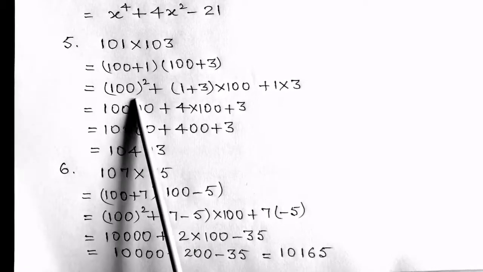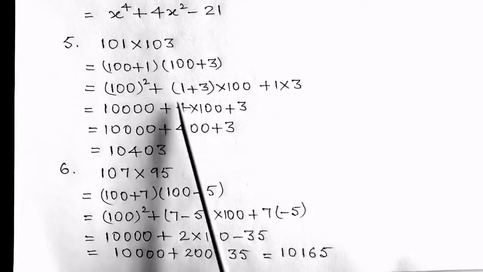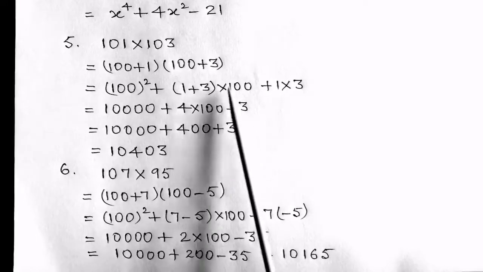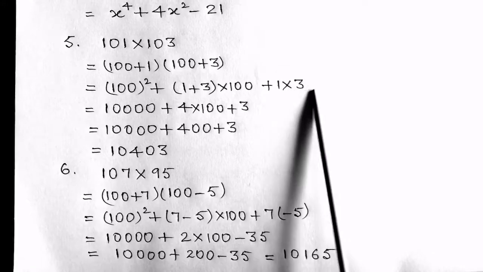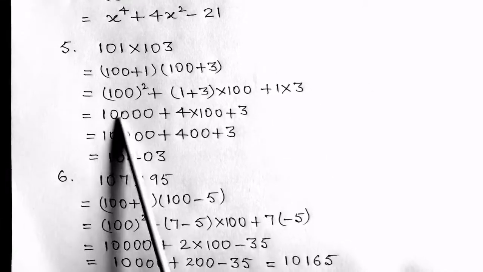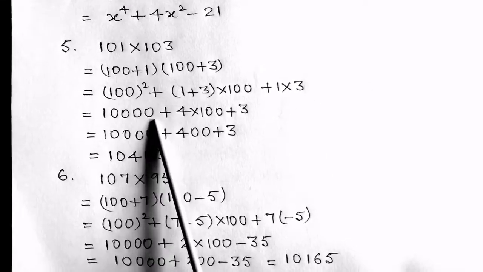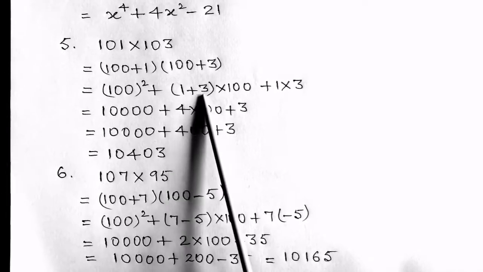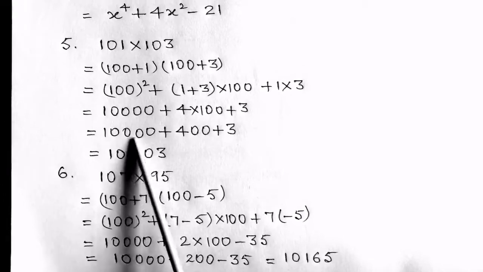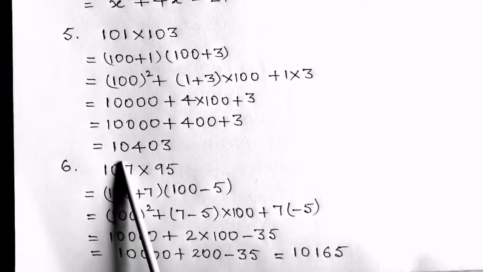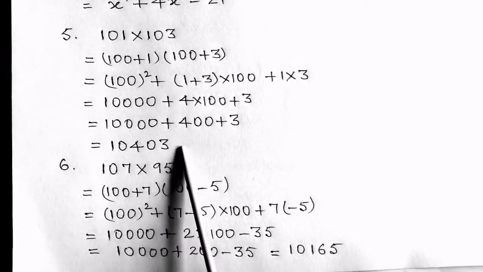Instead of x I put 100: square of 100 plus (1 + 3) into 100 plus 1 multiplied by 3. So square of 100 is 10,000, and 1 plus 3 is 4, so 400, plus 3. Simplify this and you'll get the answer, that is 10,403.